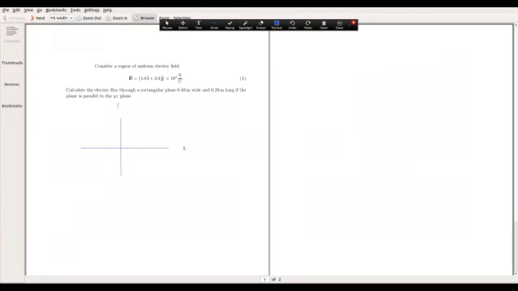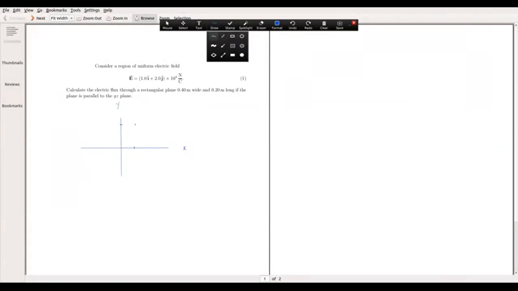In this, with these directions given to us, there is a uniform electric field which has a direction and magnitude. But to get the direction sense, there is one unit in the x direction, and there are two units in the y direction. Right? So that's roughly how we can see what's the direction of the electric field.